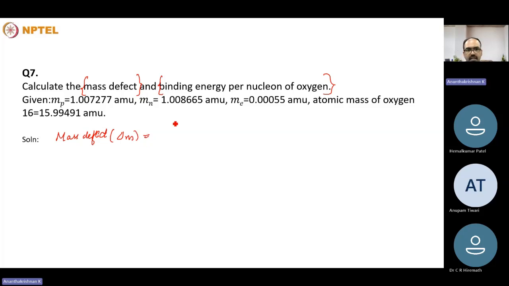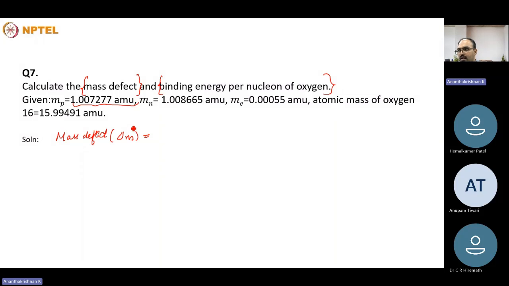It's given the atomic mass unit of proton, neutron, and electron. In the case of oxygen, its atomic number is 8, so we have to multiply these three components, protons, neutrons, and electrons, by 8.